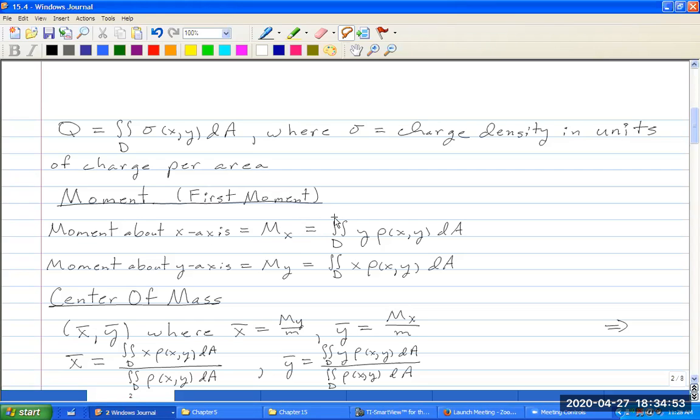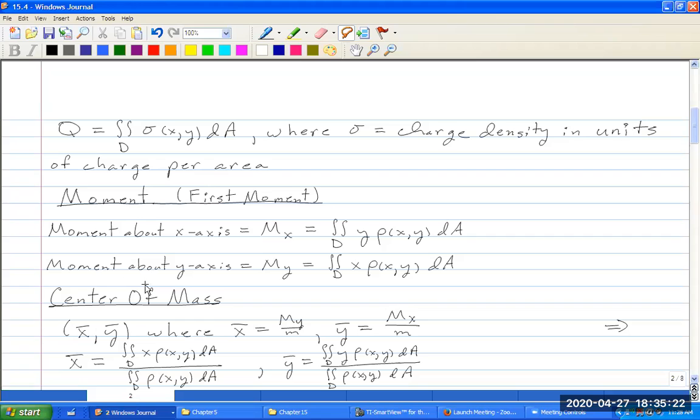It's just the double integral over D of y rho. The moment about the y-axis of the lamina D is m sub y, which is the double integral over D of x rho. Lamina D having density rho, I should have said.